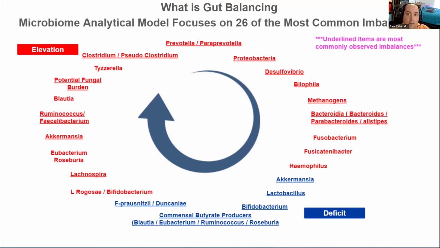Number three would be, is it using the complete databases? One thing I didn't touch on is that bacterial naming has changed, and changes over time. There are Clostridium that are a part of certain genuses that are no longer considered Clostridium, and many tests out there are not even respecting the most updated databases.